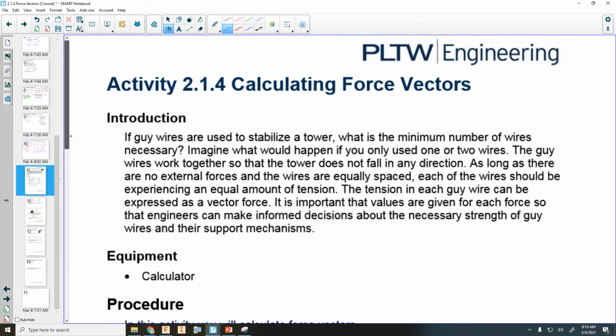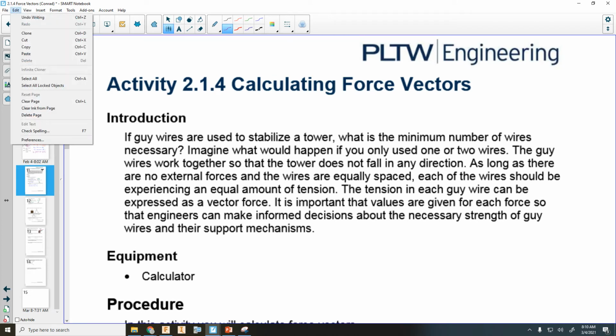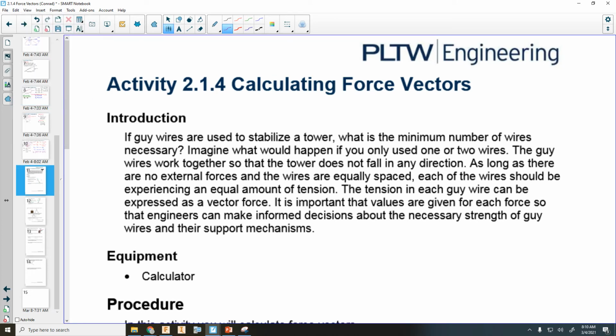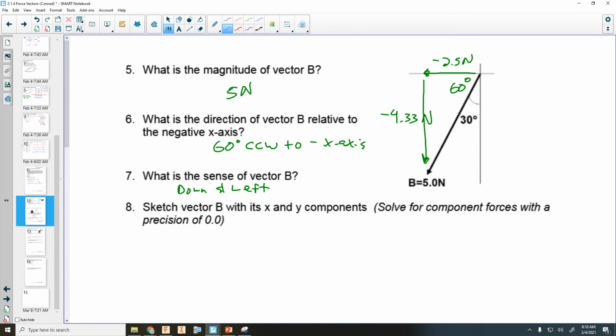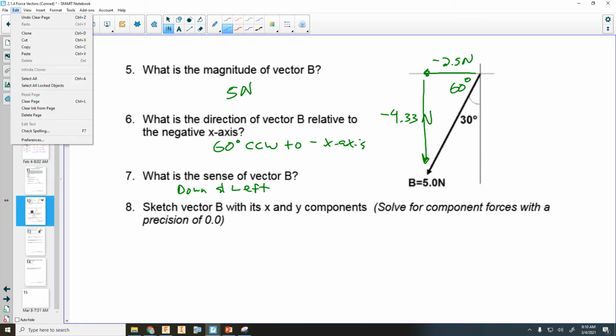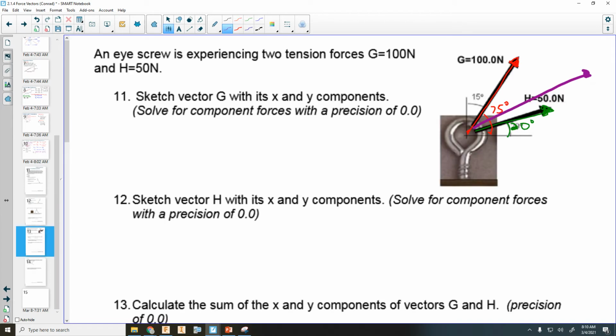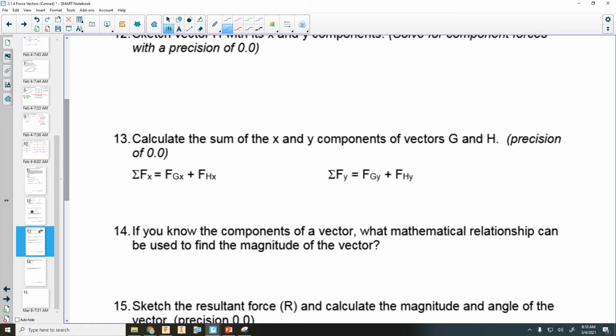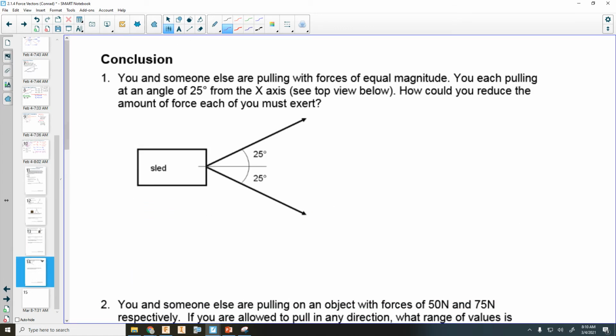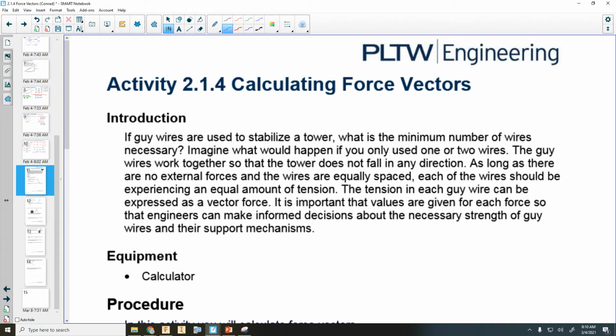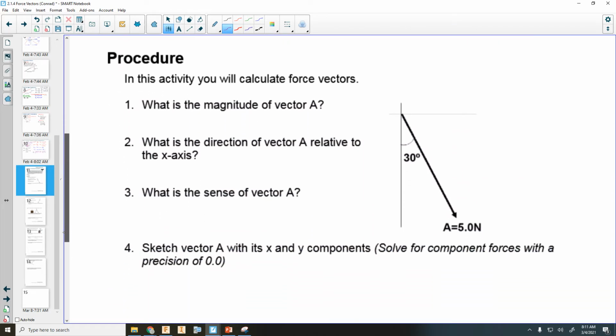It really breaks it down into baby steps. And I guess the other thing we didn't do is describe the sense of the vector. The sense of the vector, we would say it's going up and to the right at a 6.8 degree angle.